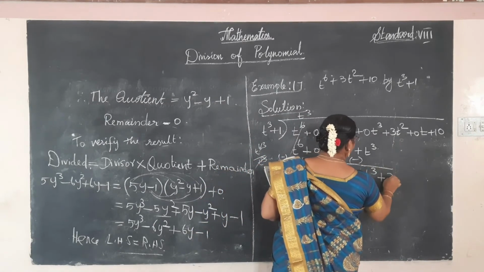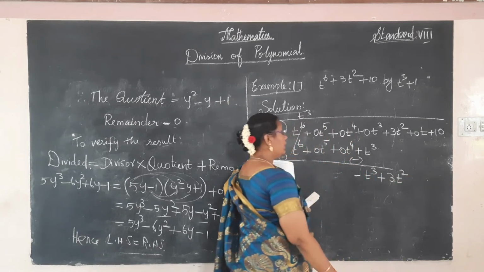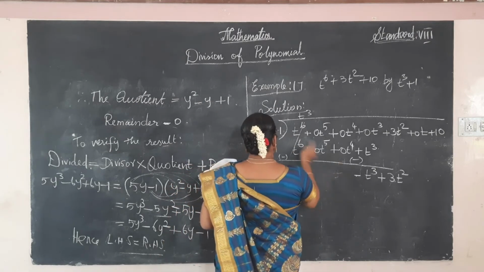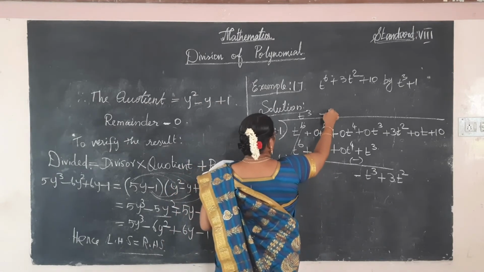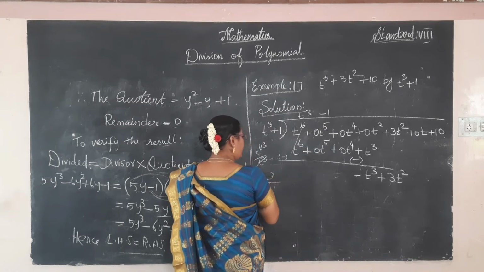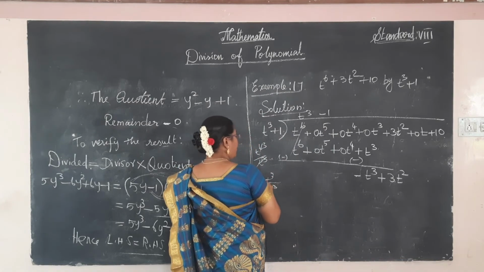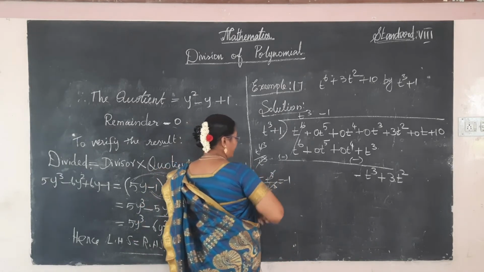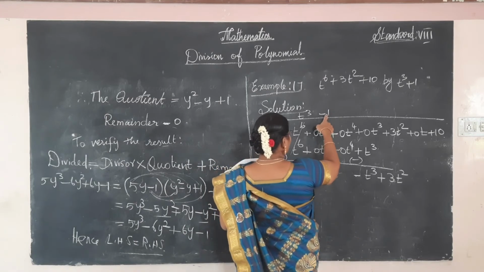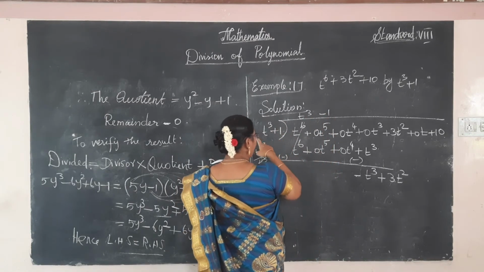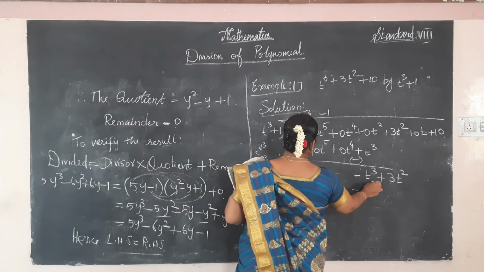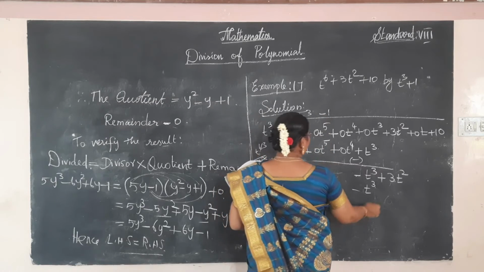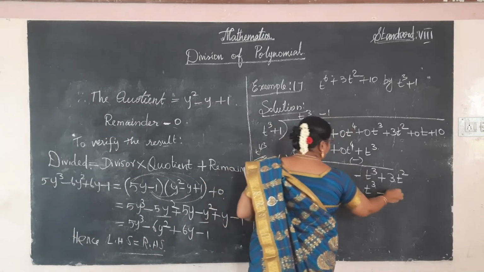Next, bring down the next term, 3t power 2. Now divide by this one, what do we get? Minus t power 3 by t power 3, so the answer is minus 1. The t power 3 will be cancelled, so minus 1. Now multiply minus 1 by each term of the divisor. So minus t power 3, then minus into plus, minus 1.